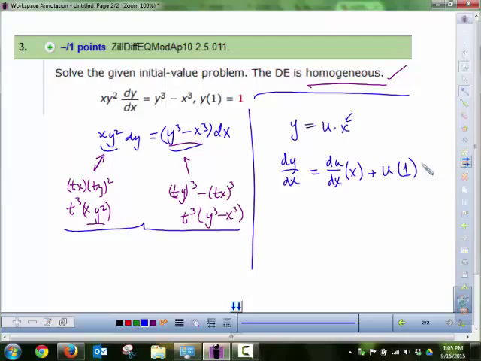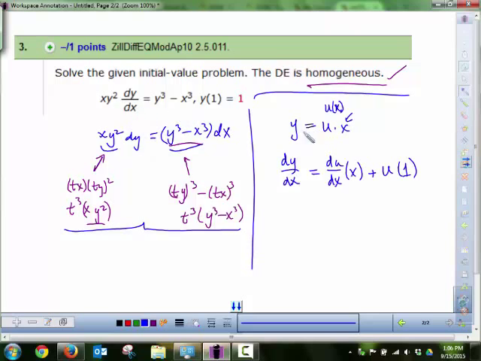This is the product rule. But what I'm doing is treating y and u as functions of x, and x is just equal to x, so that's your variable. So that's how I got what I got.